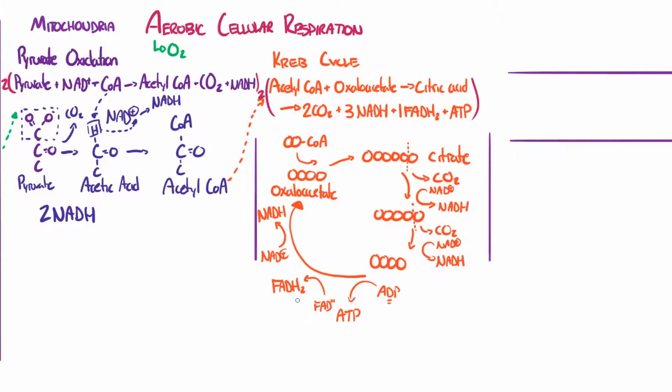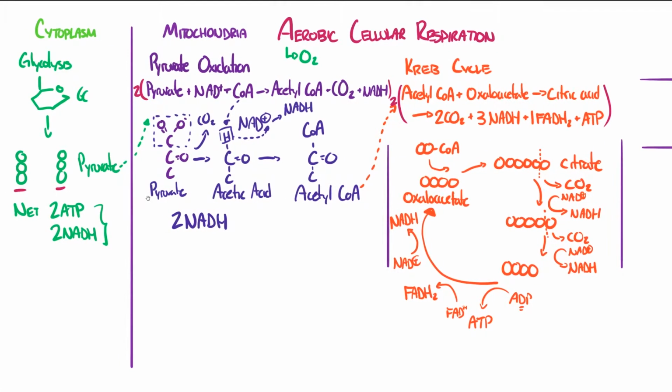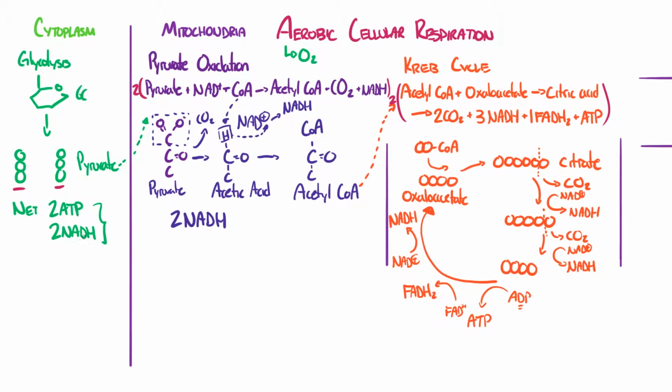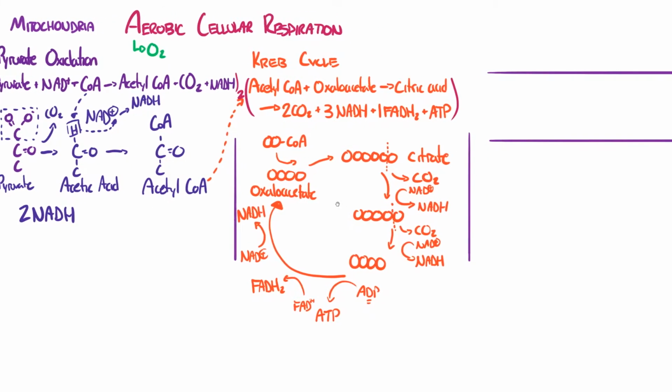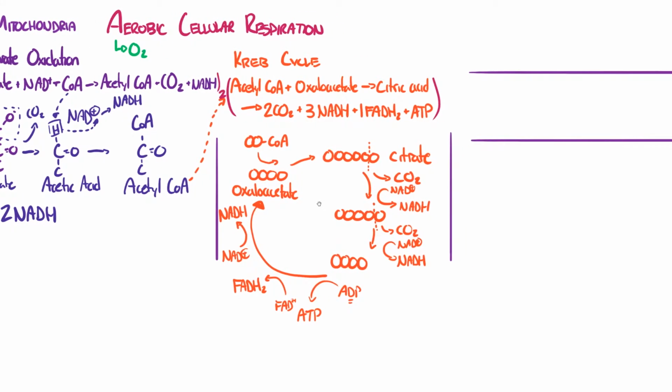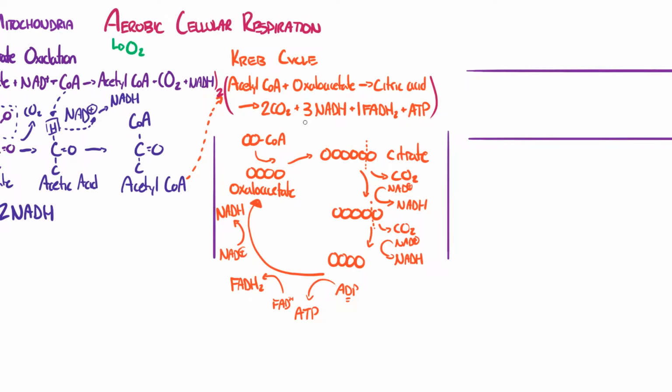So in terms of what we're making, we had 2 ATP over here from glycolysis, 2 NADH, 2 NADH in pyruvate oxidation. Now, for each acetyl coenzyme A group, we have 3 NADH, 1 FADH2, and 1 ATP.